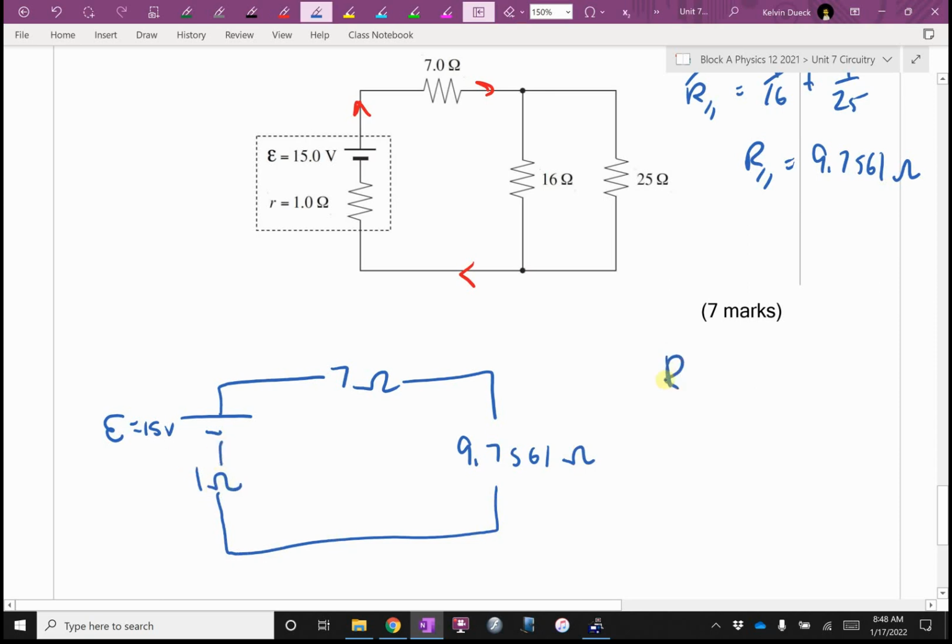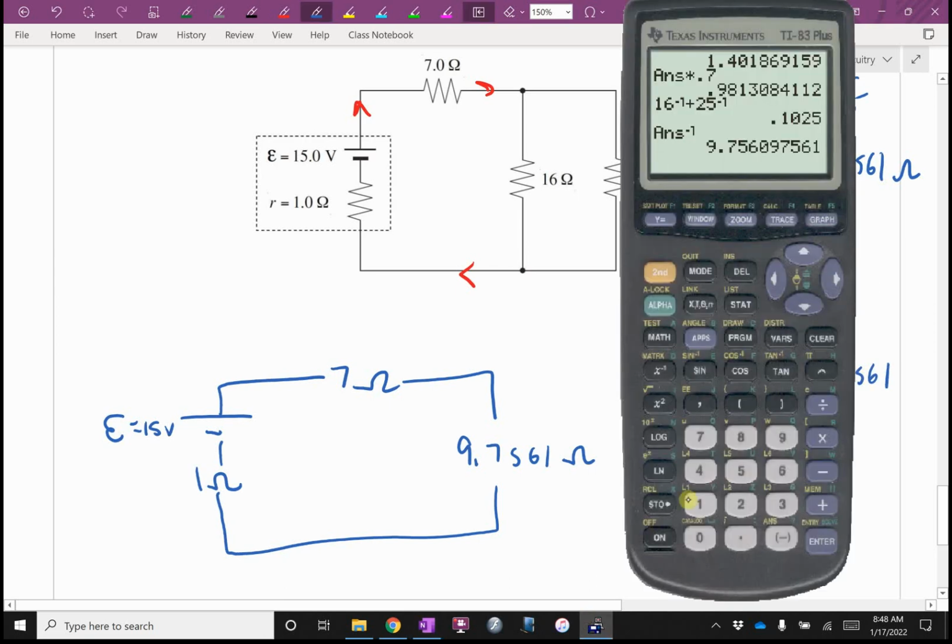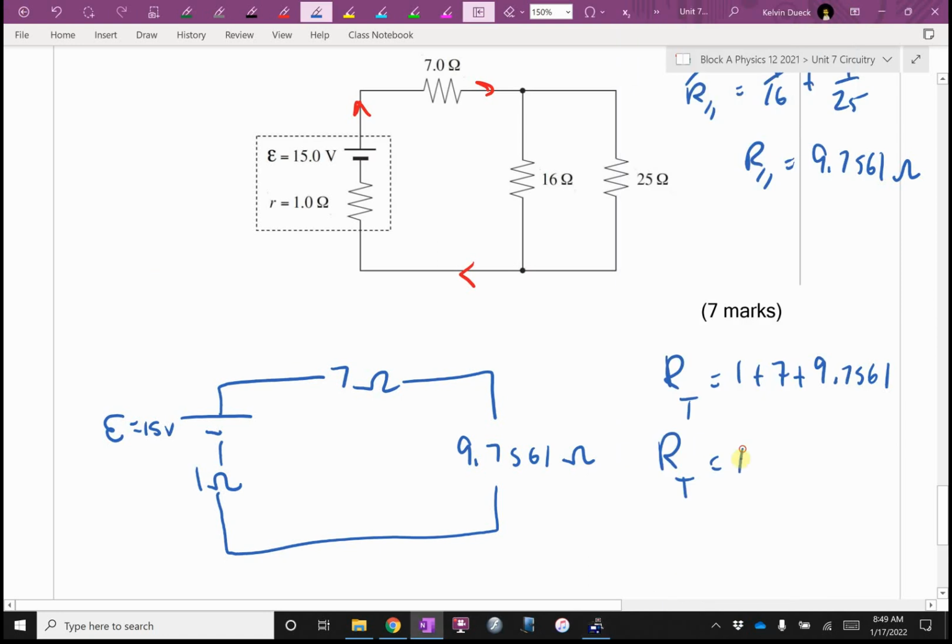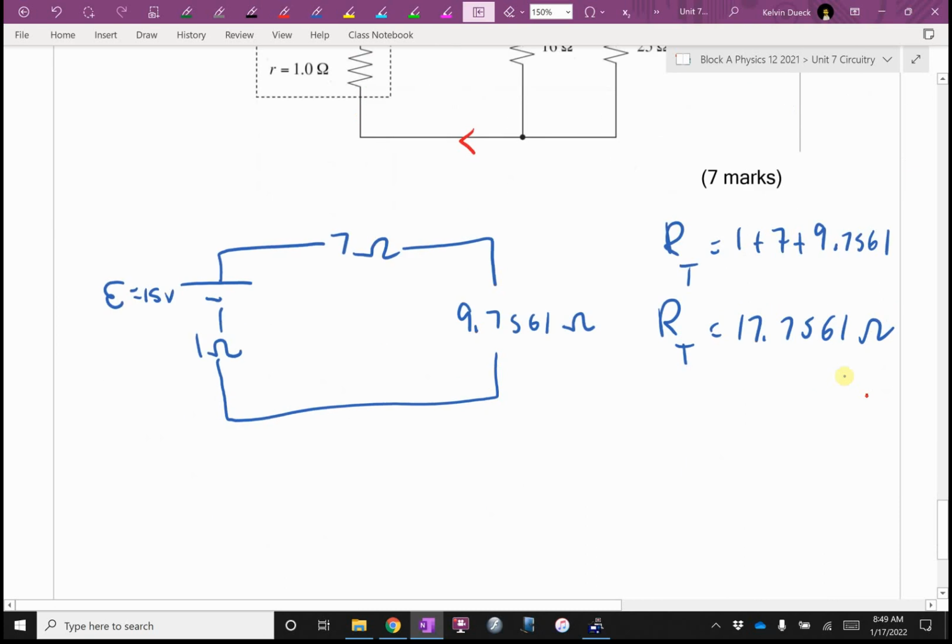So now our R total is going to be 1 plus 7 plus 9.7561, which is 17.7561. Alrighty.